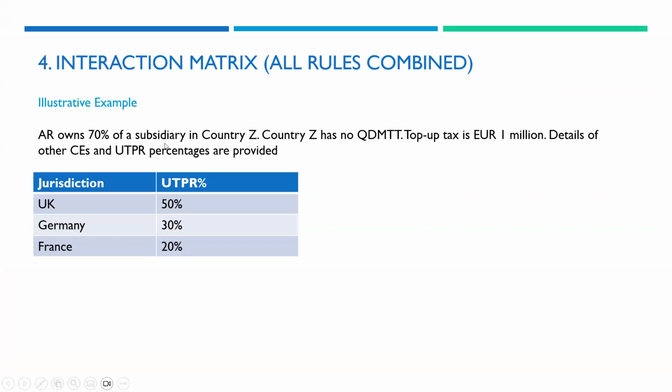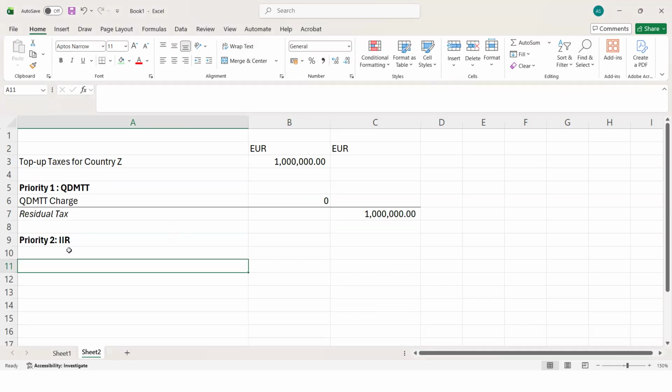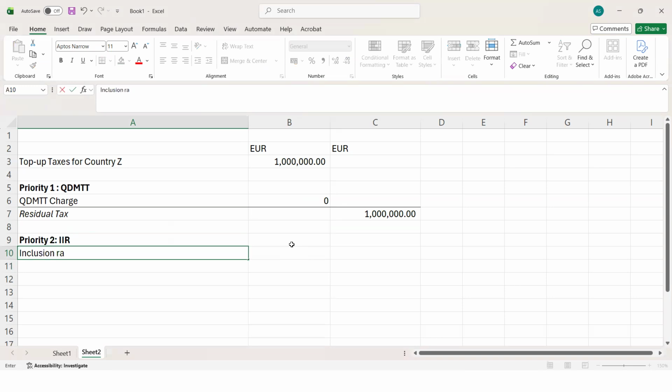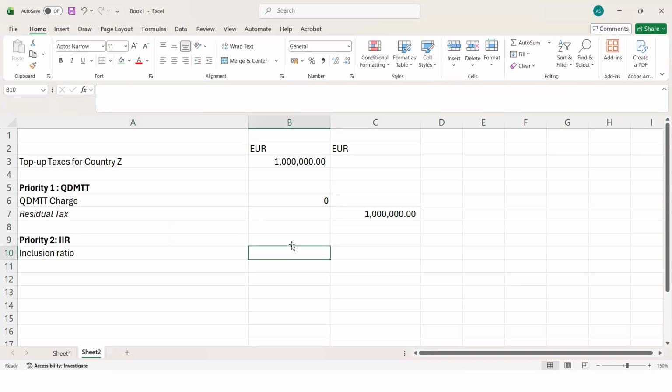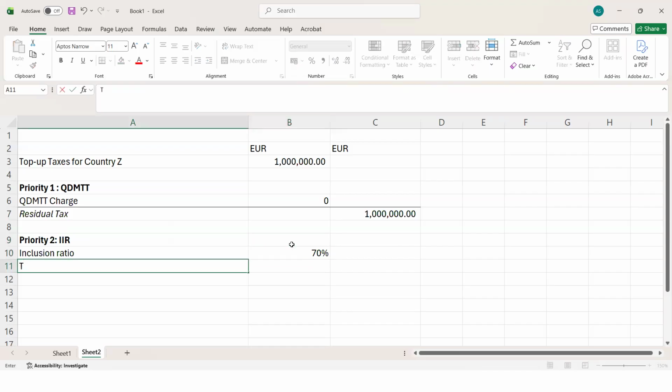Now, in IIR, it says AR is the UP, correct? AR owns 70% in country Z. So, the inclusion ratio is how much? Inclusion ratio is 70%. So, what is the top up tax collected under IIR? It is going to be the residual top up tax into inclusion ratio, right?